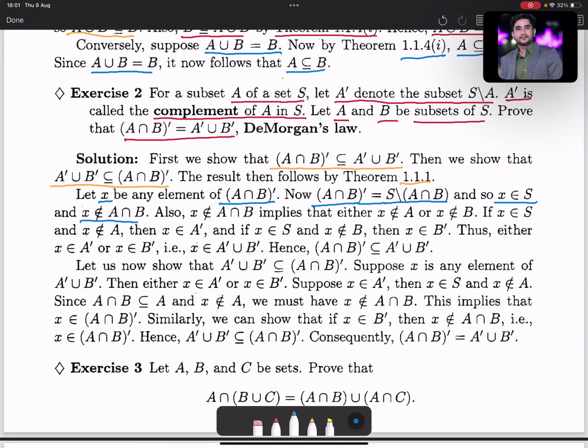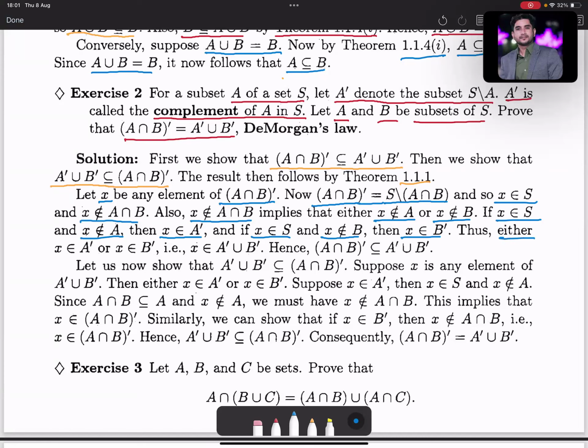Also, x not being inside the intersection implies that it is not in A or not in B. That means x is inside S and x is not in A, so it surely is inside A complement, because if you exclude all those elements from S, then it will surely lie there. And if x is inside S and x is not inside B, then it is inside B complement.